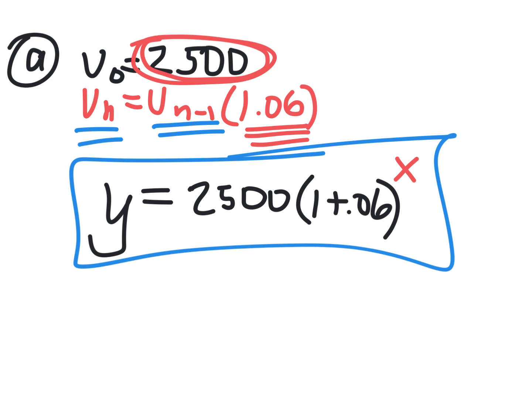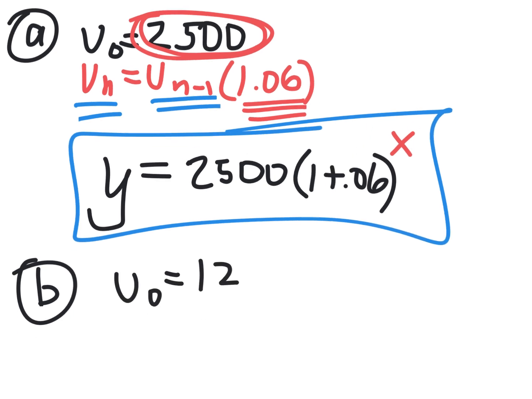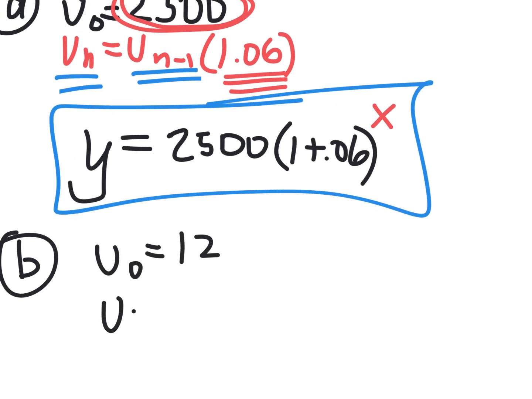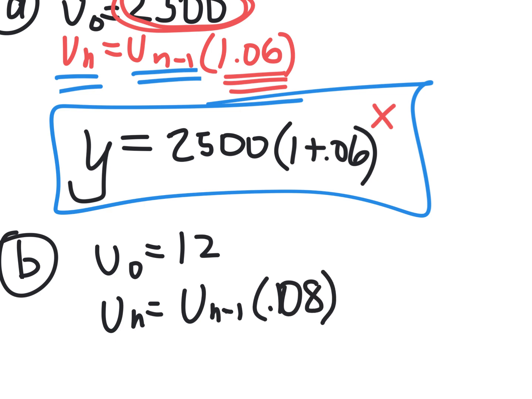All right, Mr. Booz, would you tell me what the B part of this thing was? U sub 0 equals 12. Starting value, 12. Keep going. Then U n equals U n minus 1 times parentheses of 0.08. 0.08? 0.8. Wait, 0.8? Yeah. Okay, so 0.8, just to clarify, do you get that that is not growth?